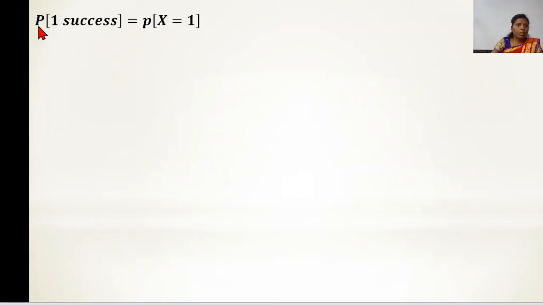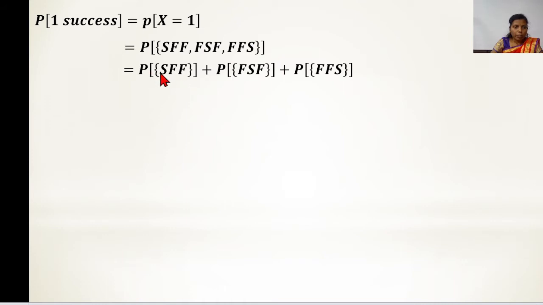Now next, the probability of one success, that means one head, that is probability of X equal to 1, that is equal to probability of SFF, FSF, FFS, that is equal to probability of SFF plus probability of FSF plus probability of FFS.